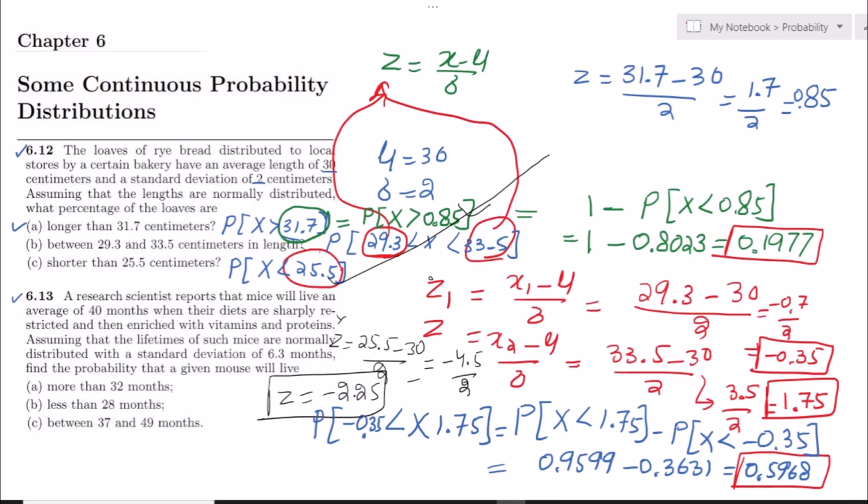So therefore this has been transformed from 25.5 to the probability that x is less than minus 2.25. Okay, now let us move to the table and find the value for Z, which is minus 2.25.